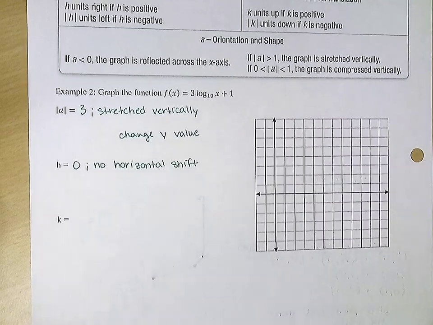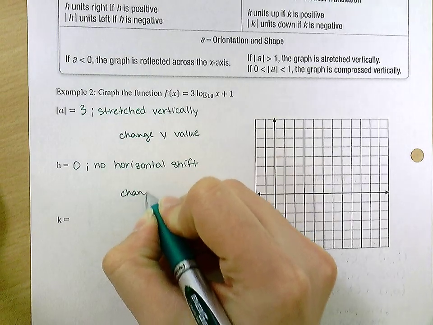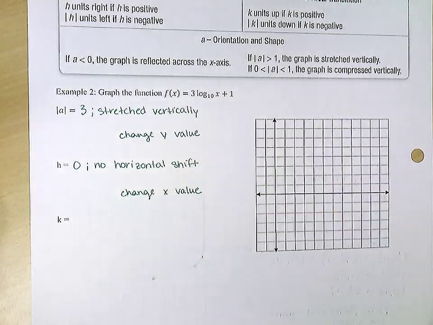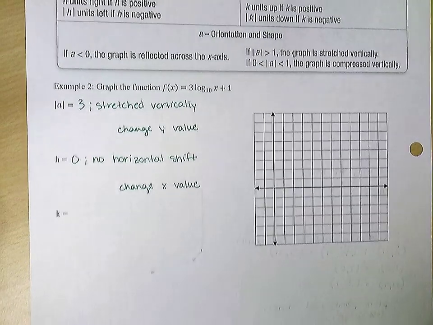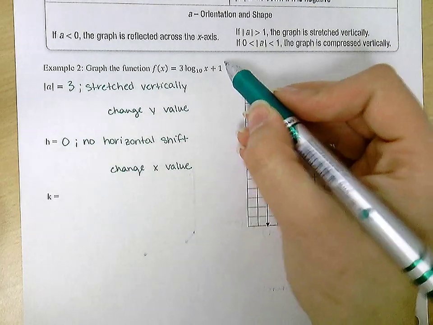Okay, so there's no horizontal shift. If there was, you would change x. So you would be changing your x value in this case. If you did have a horizontal shift, you'd be changing your x value. Then our k value is the one on the outside here.